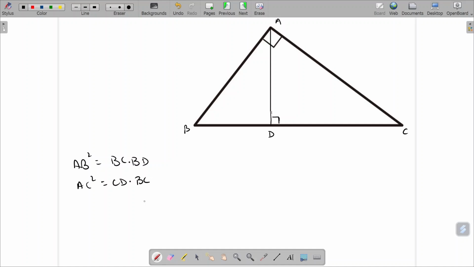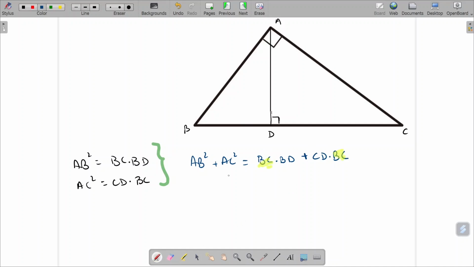that AC squared equals CD times BC. Okay, so as I challenged you just now, what would happen if I took these two and added them together? Because after all, we know that Pythagoras' theorem says that we add these things. So AB squared plus AC squared would be the same as BC times BD plus CD times BC. We have a common factor here in BC.